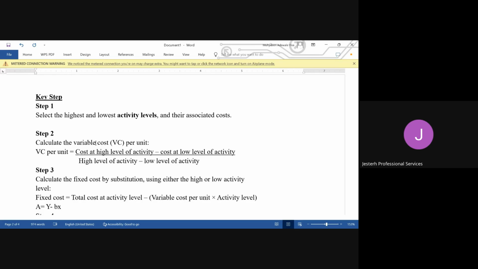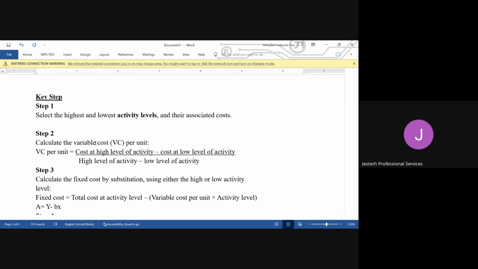The high level of activities is 500 units, and then the cost is 2,000. I'm just giving an example so that we can understand. The low level of activities is 300 units, while the associated cost is 1,500.